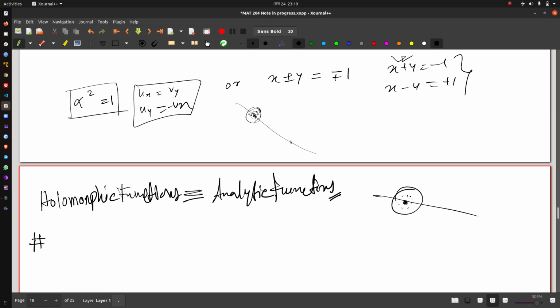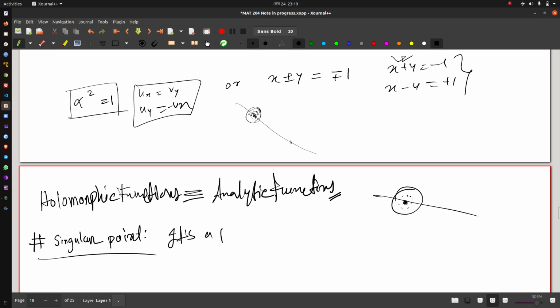And if you have a point where a function fails to be analytic, then those points are called singular points. So the first thing we want to discuss is called a singular point. It's a point in the complex plane, let's say the point is denoted by P, which belongs to the complex plane, where your f of z, or the function of interest, is not analytic.